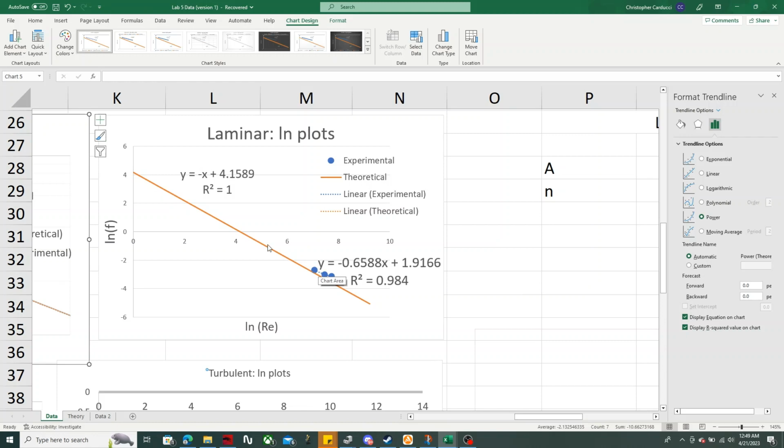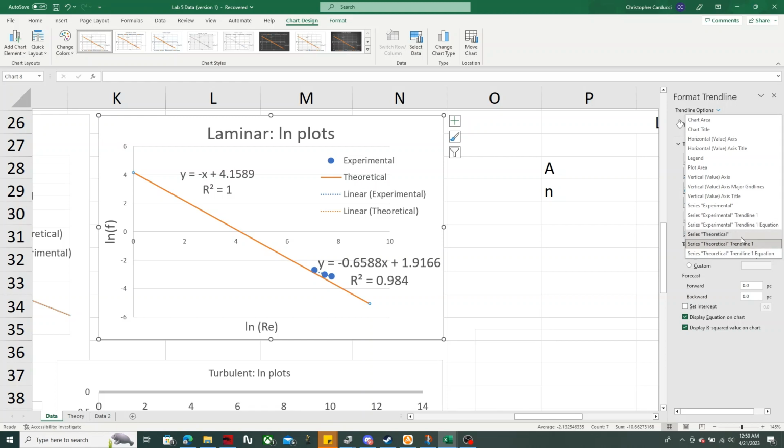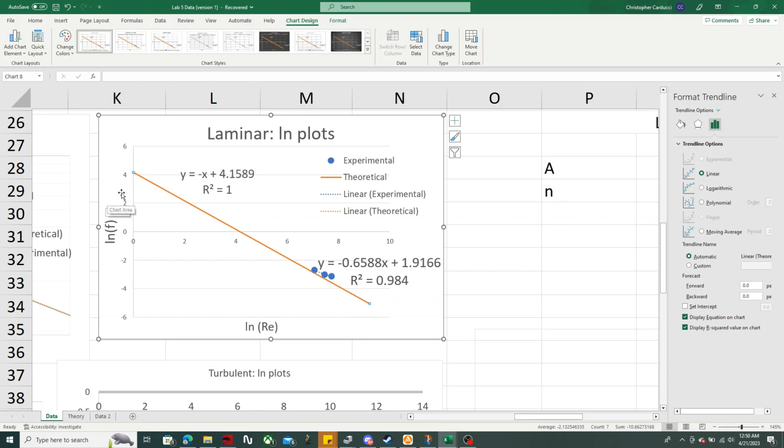Okay, so for instance, let me try showing you what happens if you have your trend line be, well, actually you can't show the power because it goes through the x-axis, and essentially if you have any values that lie at 0, it won't let you.